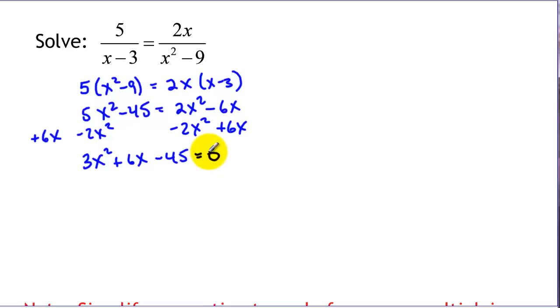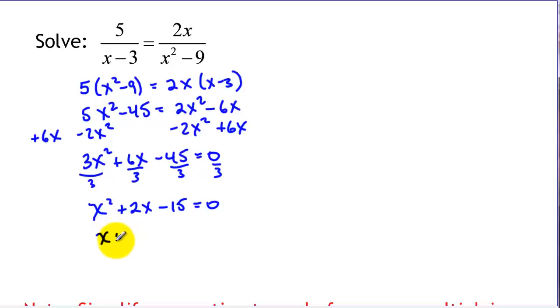Now we want to factor. We can notice that all the coefficients are divisible by 3, so to make the factoring easier, I'm going to divide out by 3 all the way across. And now we've got x squared plus 2x minus 15 equals 0. So in this type of trinomial factoring, we're looking for a pair of numbers that multiply to be negative 15 and add to be 2.